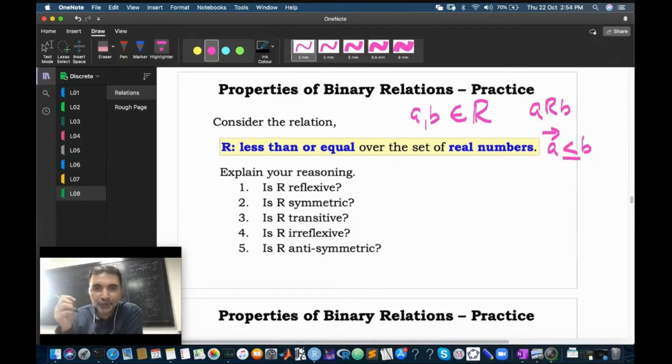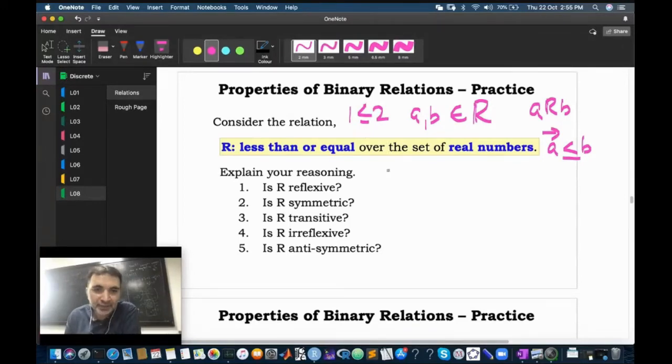Okay, do you all understand the definition of this relation? Yes, sir. Okay, awesome. So for example, 1 and 2 would be related in this fashion.